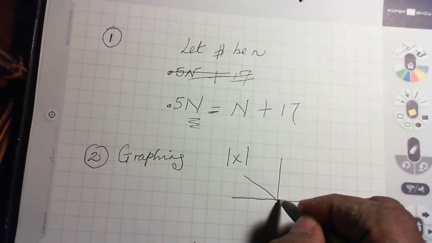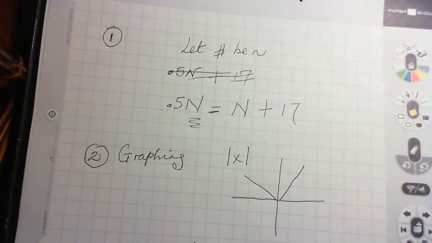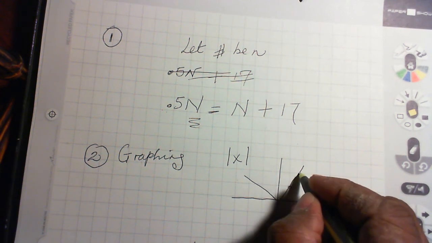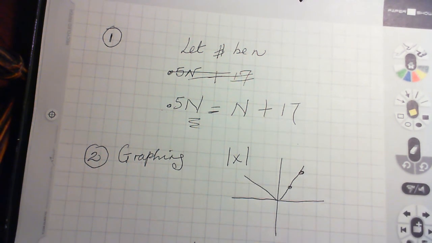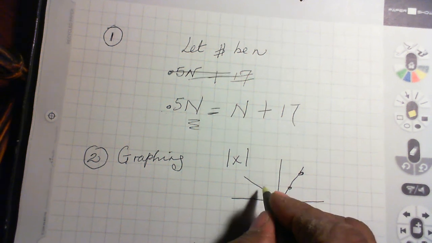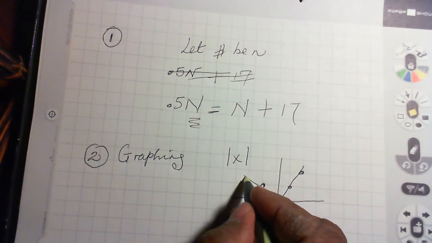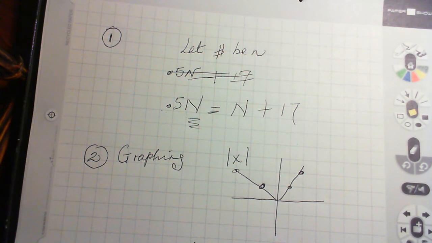Remember this V here. 1, 1 is on the graph. 2, 2. Negative 1, 1 is right here. Negative 2, 2. I don't have this scale properly here. So this is the shape of the graph of the absolute value of x.